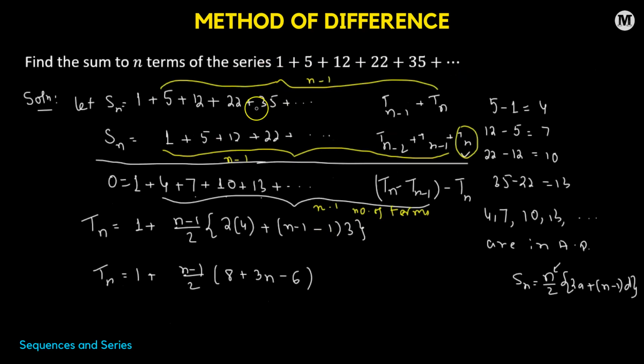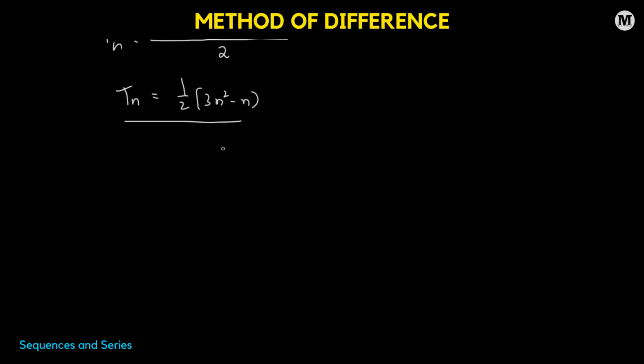So here we have obtained the nth term of the given series. Now that we have the nth term, our actual goal is to find out the sum to n terms. So we can easily find out the sum to n terms. The sum to n terms of the series can be obtained by taking summation of the nth term. Only thing we have to do is replace the index n with k, and k is going to go from 1 to n.